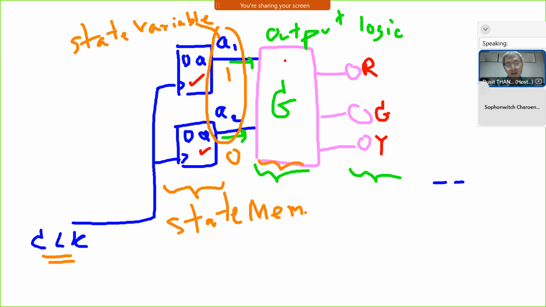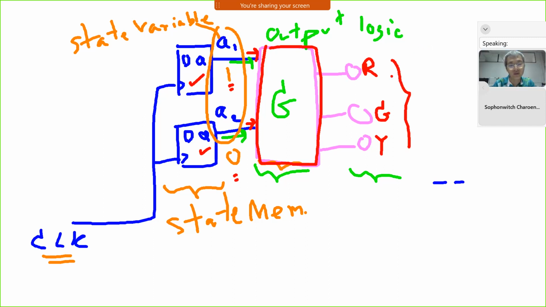And this is because the output of the flip-flop may not be the exact value of the output that you want. So it needs some additional circuit to convert the state value to the final output value.